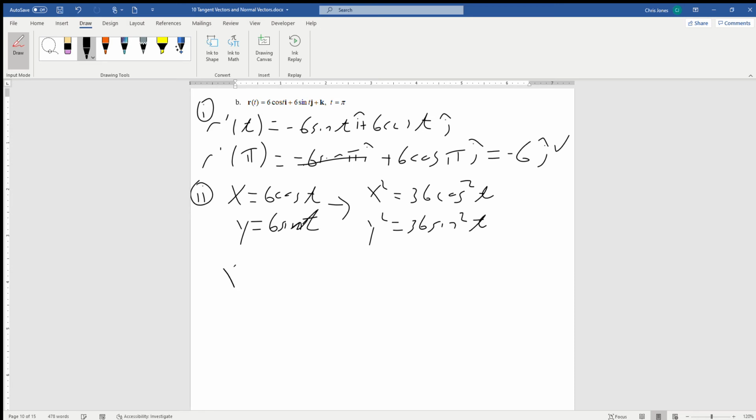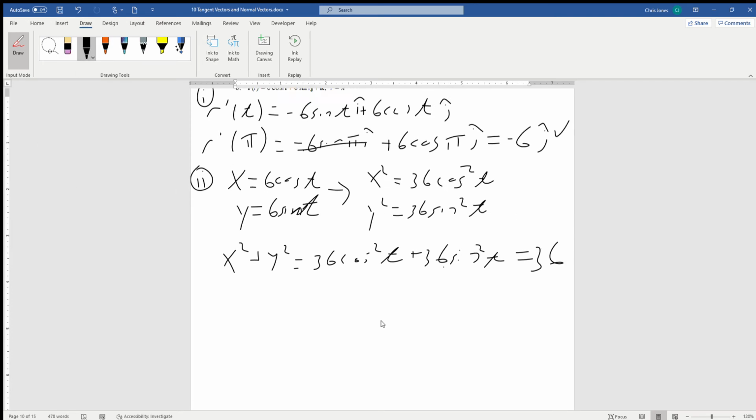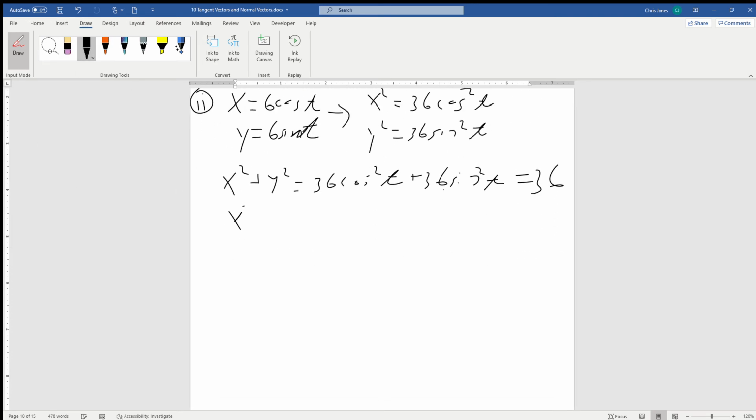If we add those, we get x squared plus y squared equals 36 times cos squared plus sine squared of t. We clearly know that's equal to 36, and so we end up with x squared plus y squared equals 36.